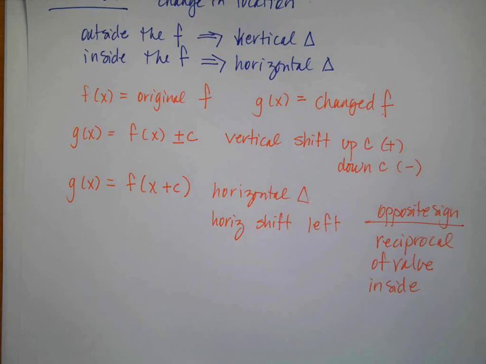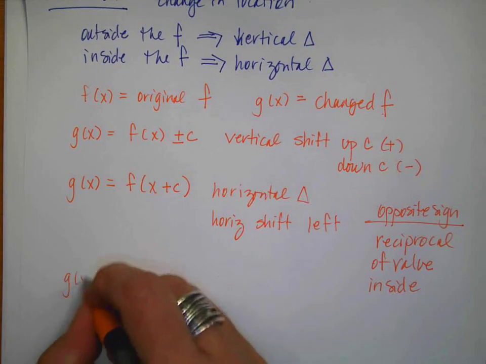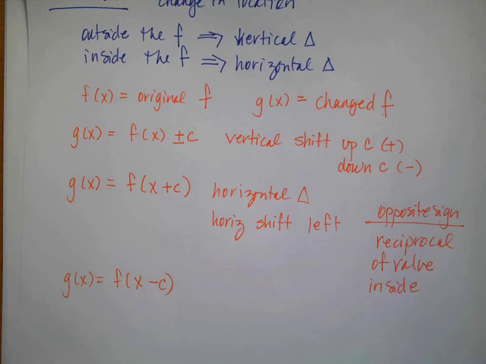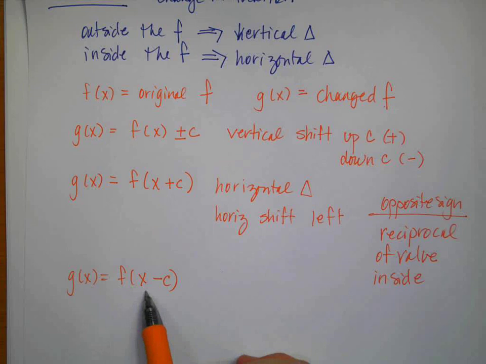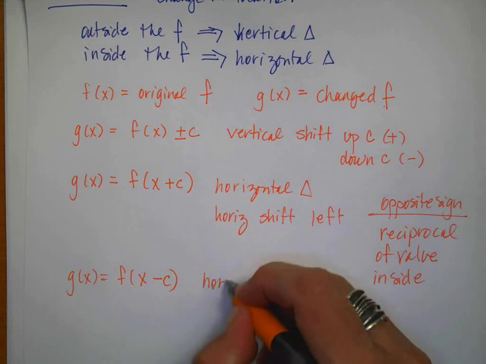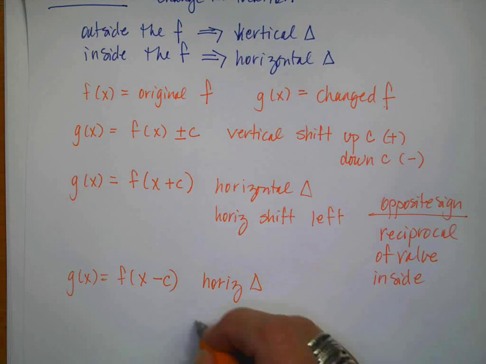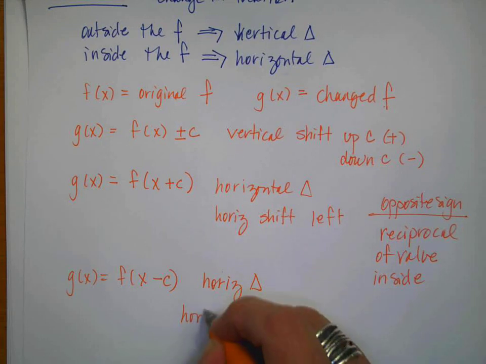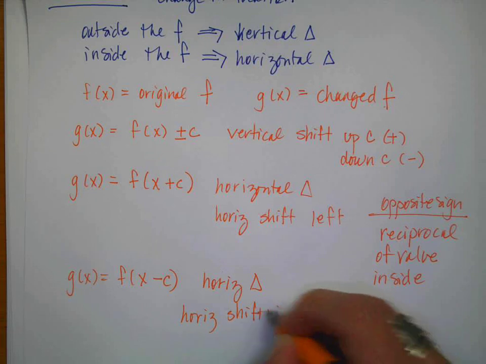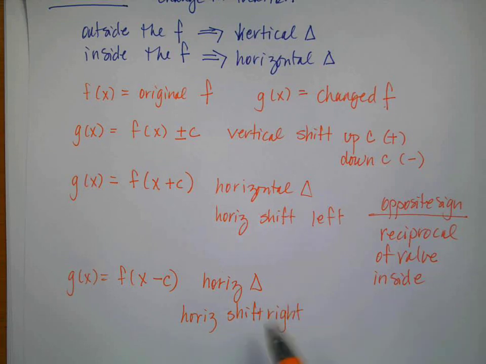Alrighty? So let me just write one more example. So g of x is f of x minus c. Again, notice that this is on the inside of the function. Therefore, this is a horizontal change. And this would be a horizontal shift to the right.